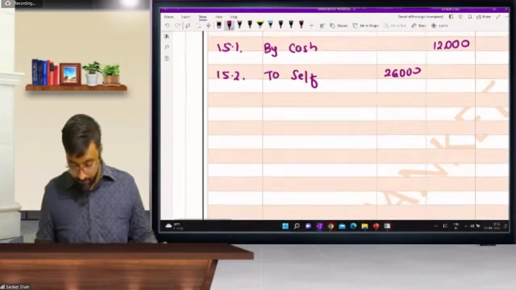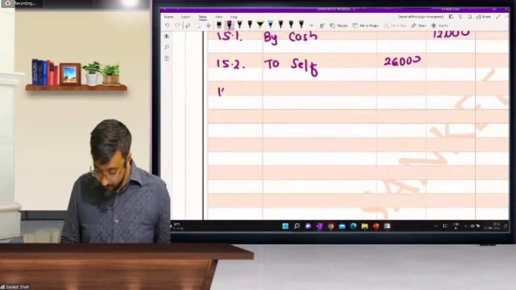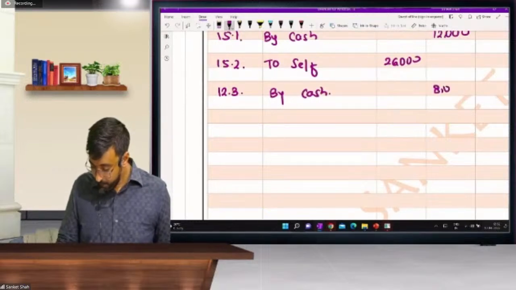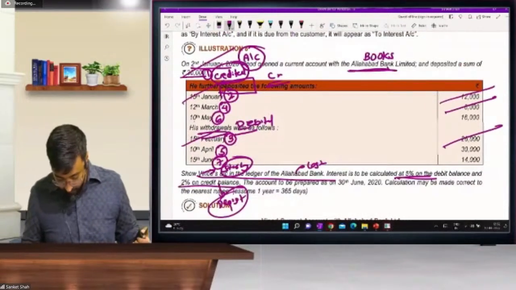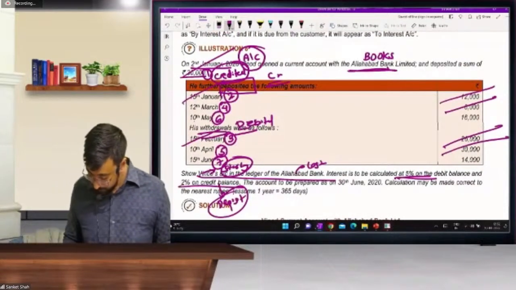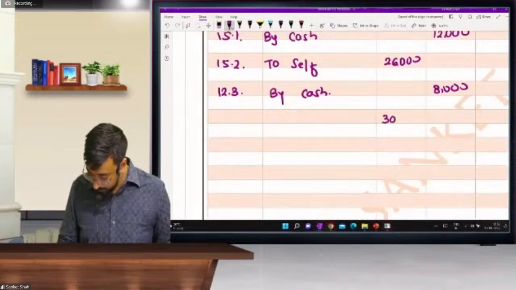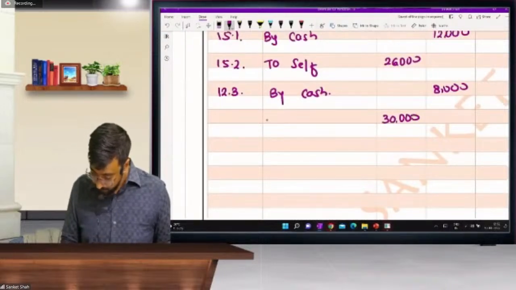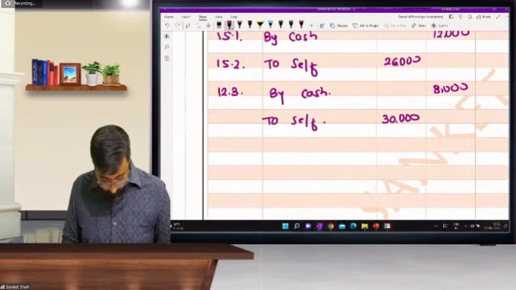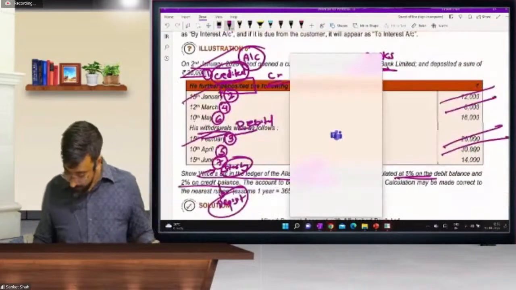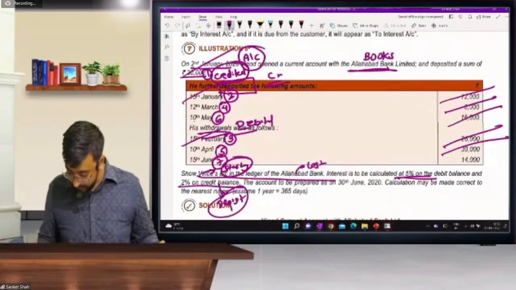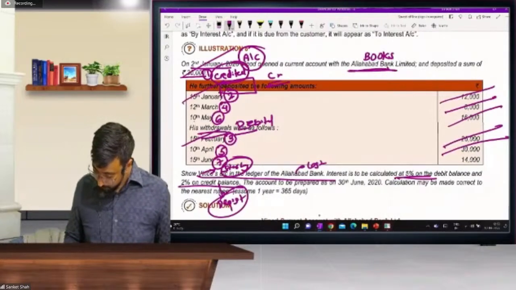Easy है. Then 12th March by cash 8,000. You can see here 8,000. 10th April 30,000 to self. 16,000 credited.